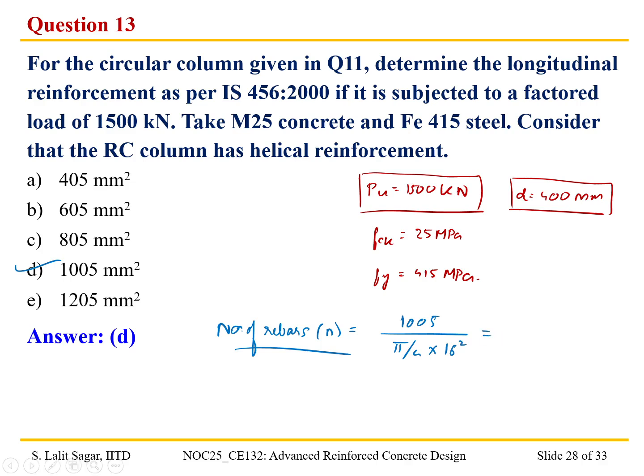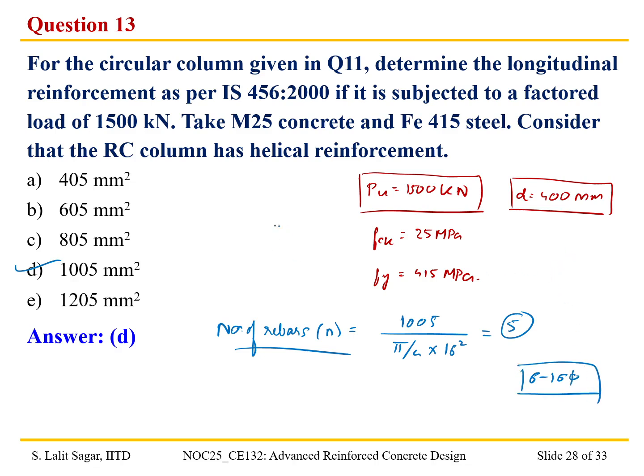Let us see how many rebars it converts to. Which gives us a value of around 5, to be precise 4.99998, which can be written as 5. So we can provide 6 bars of 16 mm diameter.